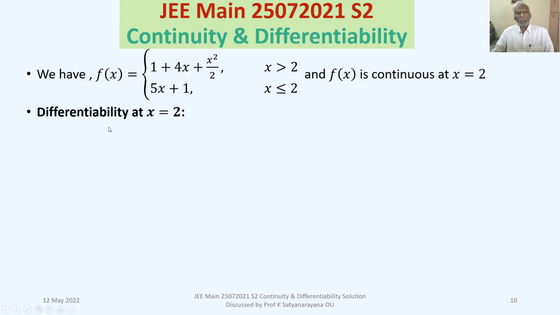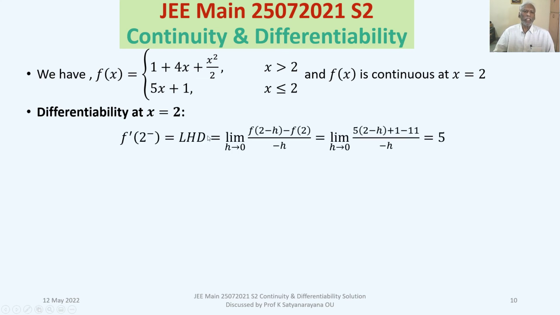Let's now discuss the differentiability at x is equal to 2. For this again we calculate the left hand derivative and the right hand derivative at x is equal to 2. So f prime 2 minus, that is the left hand derivative, will be limit h tends to 0, f of 2 minus h minus f of 2 by minus h, note down, it is minus h.